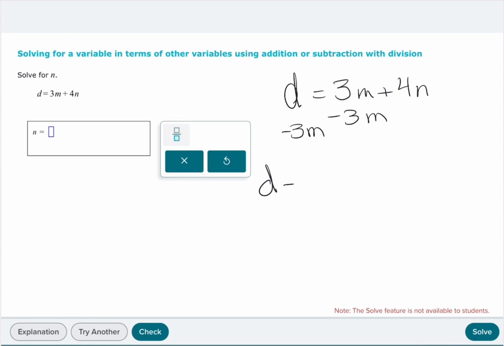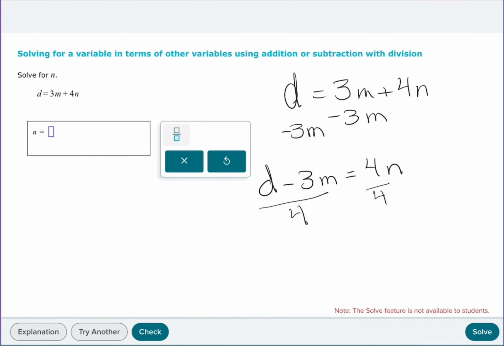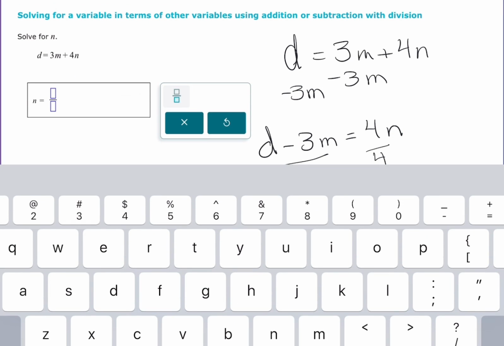So D minus 3m, and yes, order does matter, especially if it were numbers in place of, well, we'll just keep it in order because as long as you keep the signs consistent, order does not really matter. But because we are just now learning, we want to keep it in order so it makes sense.